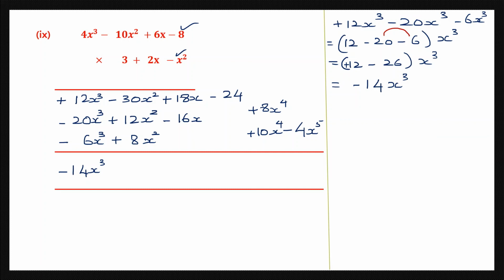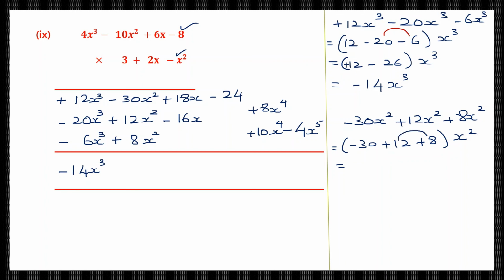Now let's take what is in the x square column. That is, we have minus 30x square plus 12x square and plus 8x square. Let's take only the numbers. So this is equal to minus 30 plus 12 plus 8x square. So here let's add up the numbers with the same sign, that is these two numbers.